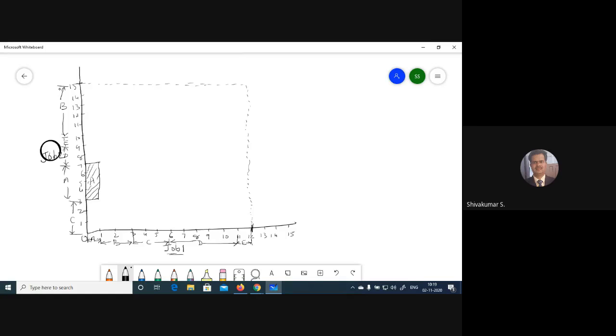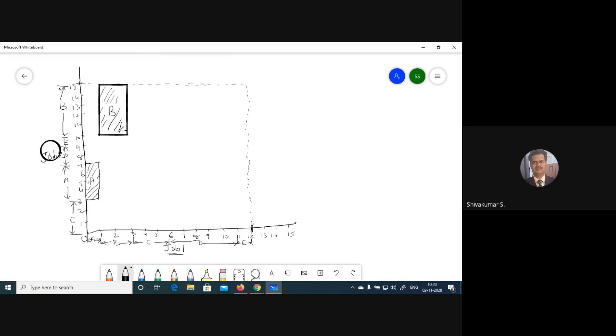Now from here, where is B? B is here, it is a 10. So from here to here plus B here is from here to here. So it is up to 3. So here mark B.